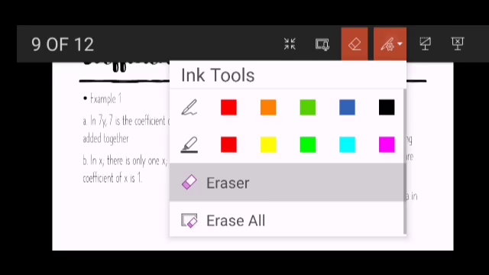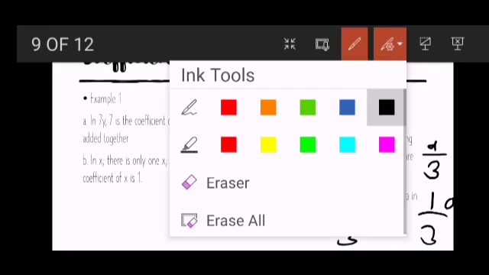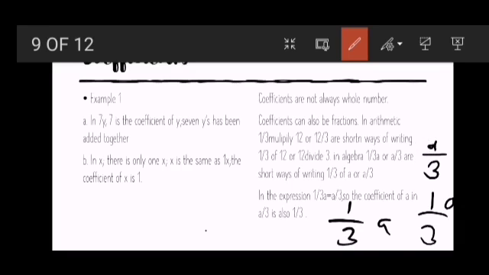Let me write it clearly because of this division. I have a/3 or 1/3a. They are totally the same thing, because there is a 1 at the front.